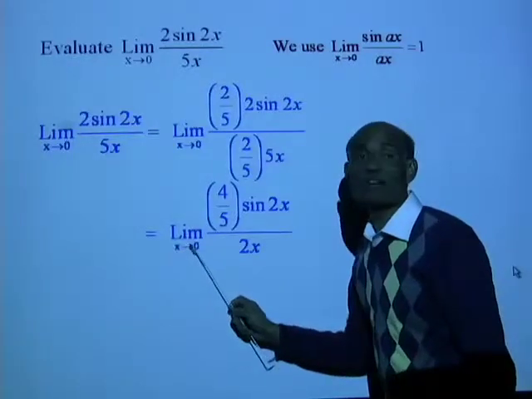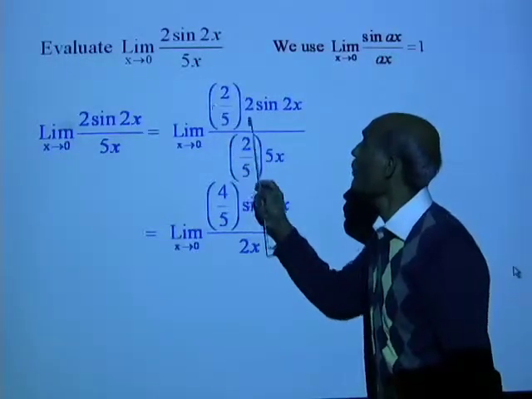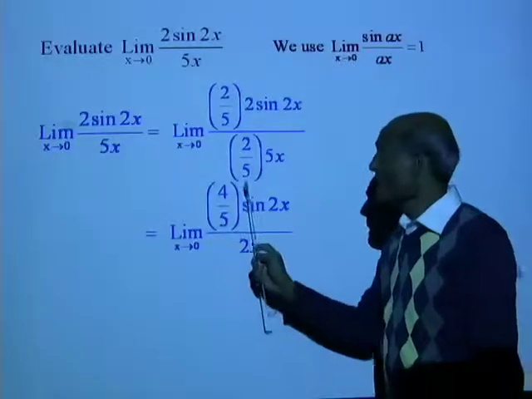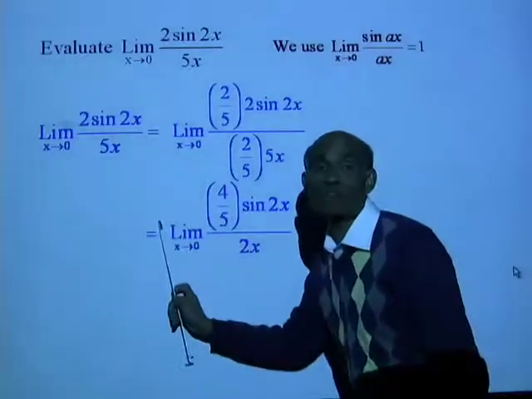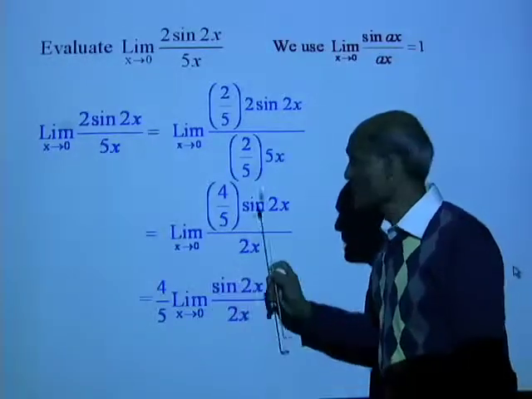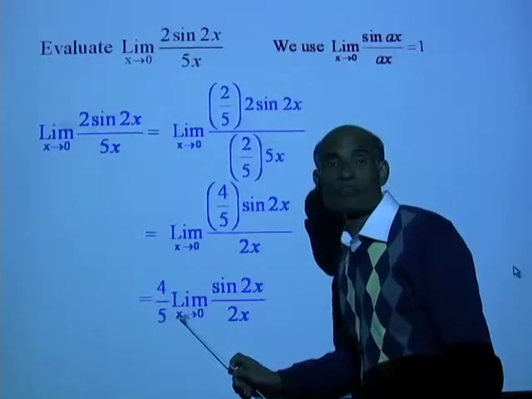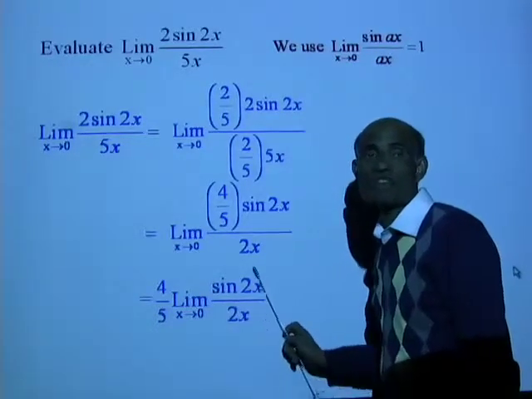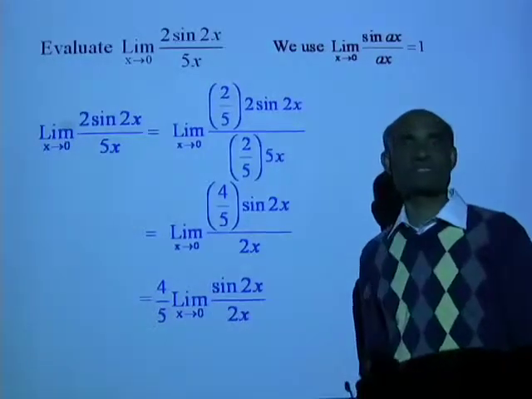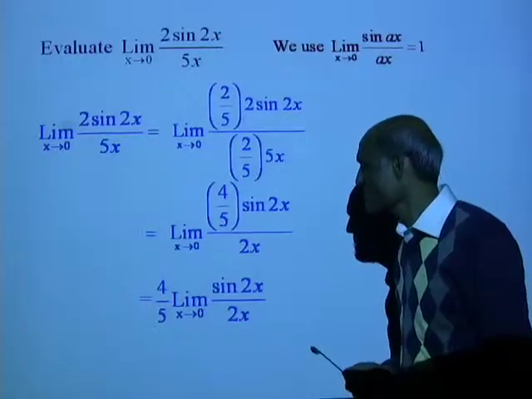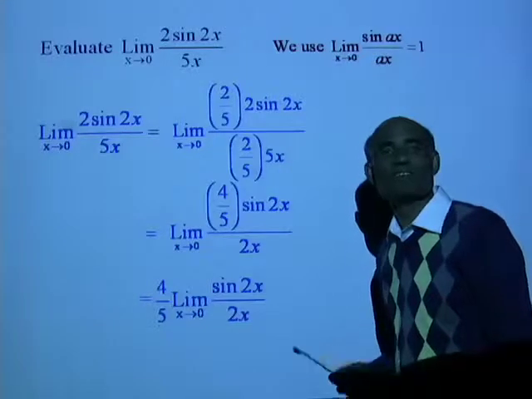And I can write it like this. That would be limit x approaches 0, 4/5 sine 2x over 2x. And this constant you can actually write outside the limit. So that will be 4/5 times limit x approaches 0 of sine 2x divided by 2x. And limit x approaches 0 of sine 2x over 2x equals 1.